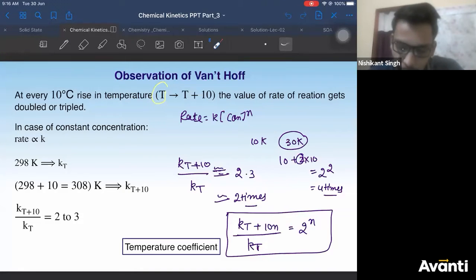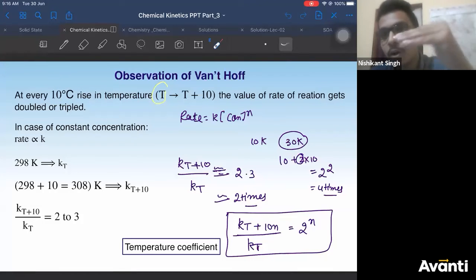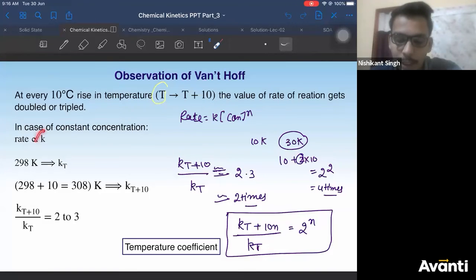According to him, if you increase the temperature by 10 degrees Celsius or 10 Kelvin, the rate of reaction doubles itself. Whether you write rate constant or rate, it is the same thing, because rate is proportional to rate constant. So the ratio of the rate constant at T plus 10 to the rate constant at T will be 2 times.